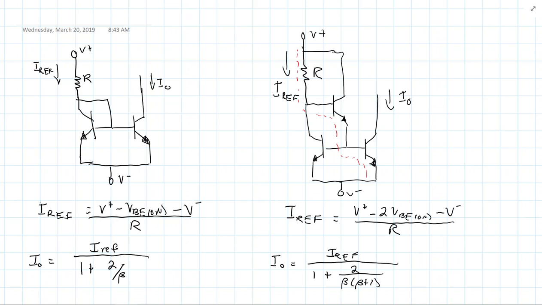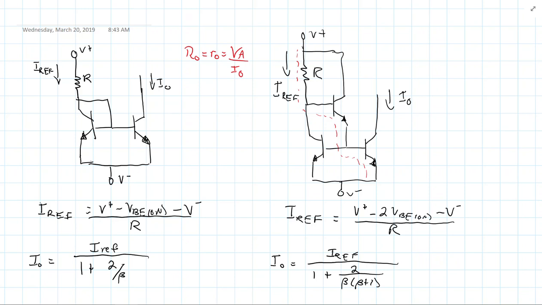And in both of these cases, I'll just write it up here, my output resistance was the same, which was basically this little RO, due to my early voltage. So it was VA over I out that the output resistance was.